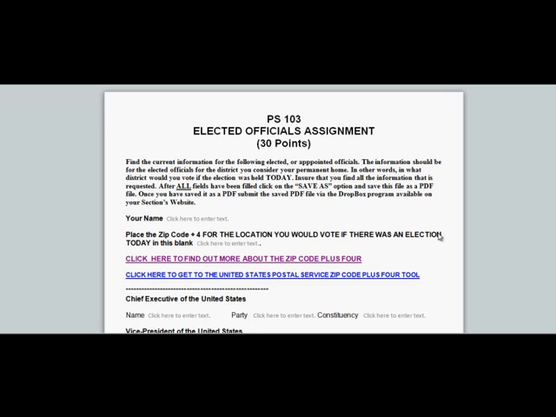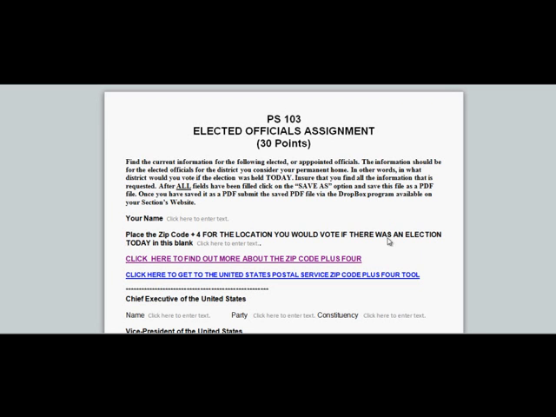I need both of them because as we look at who your U.S. representatives are, who your state senators are, and who your state representatives are, sometimes towns can be split in half. So you could maybe live in Kelso, Missouri, and live on one side of town and you're represented by one person. If you live on the other side of town, you might be represented by a completely different person.